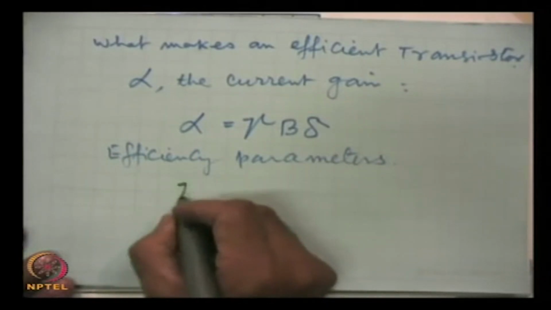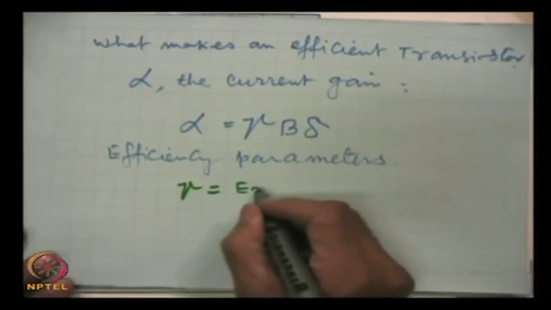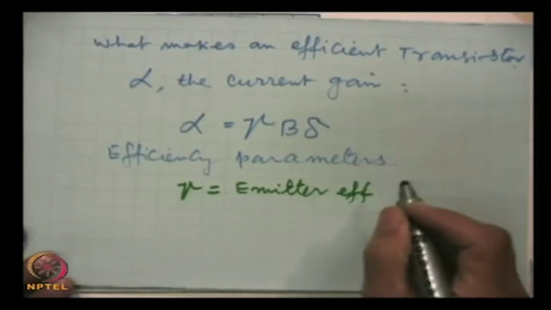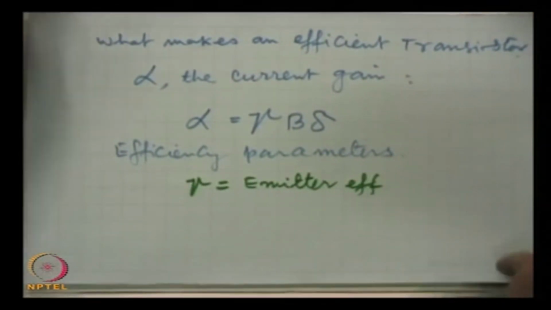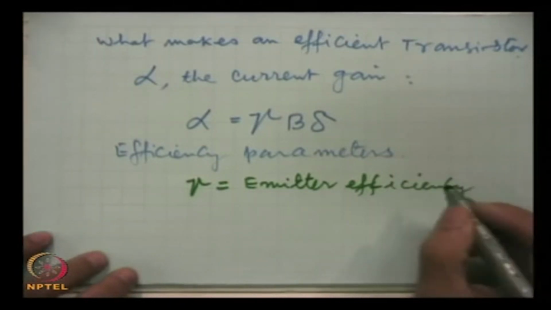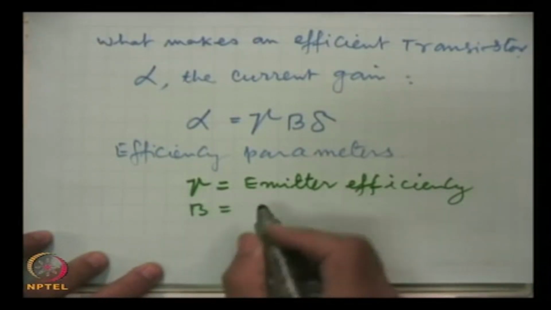Here gamma is called emitter efficiency. B is called base transport factor.